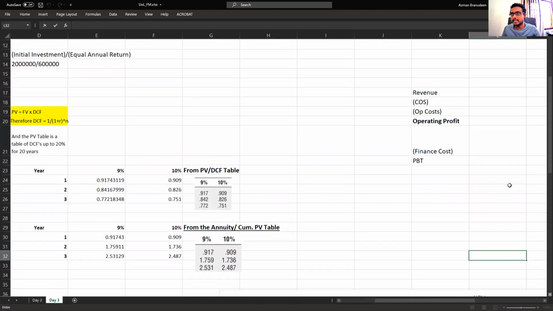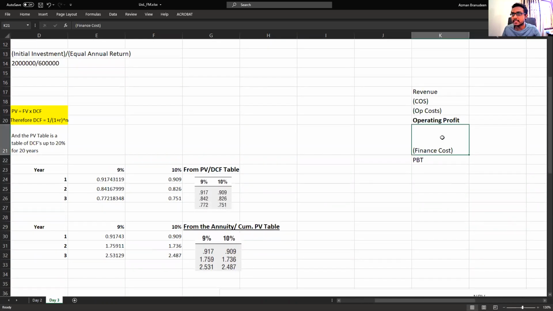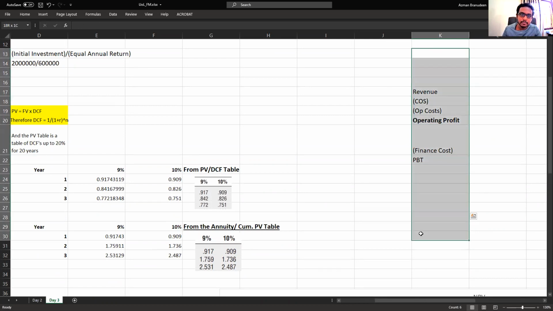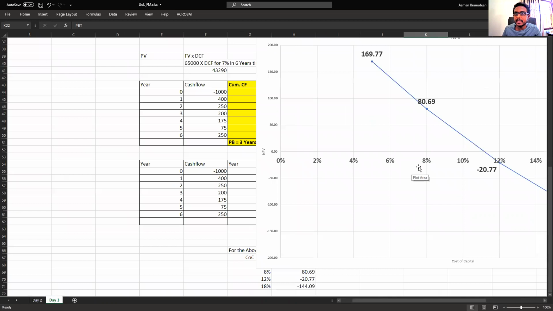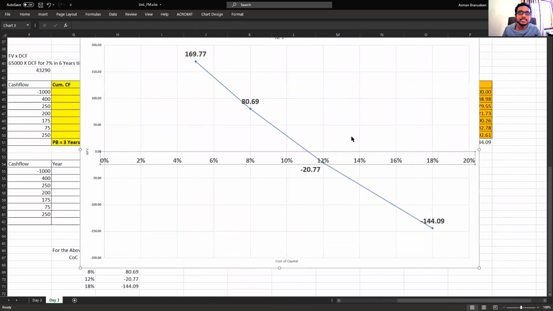So what will happen is, if the finance cost is greater, if you have to service more, this will become less. So this is a 1 year view in the P&L, the profit and loss statement. The more you spend here, the lesser you will make here. That is what is implied here. The more we have to service our debtors or the equity owners, the lesser the project will make.